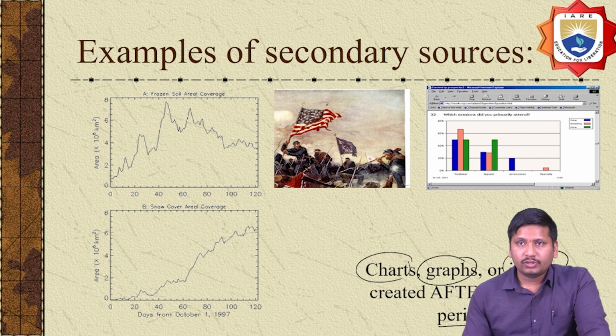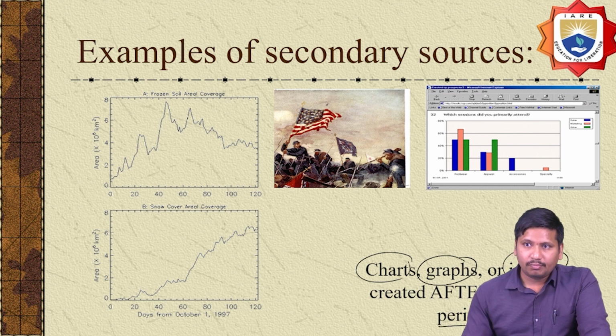If they come before the time period, they do not become secondary sources. Once the event is done and completed, the information I get after the event will be considered a secondary source.